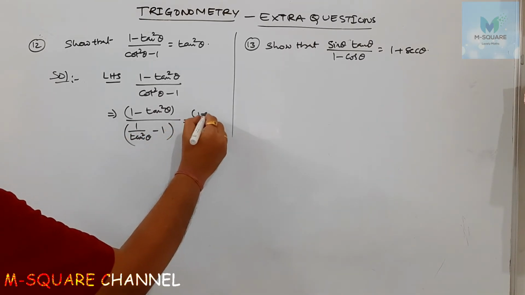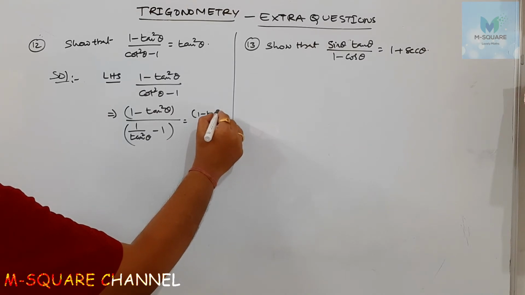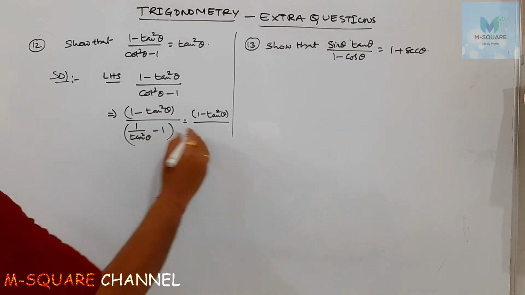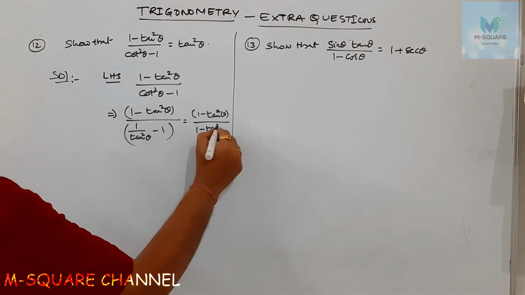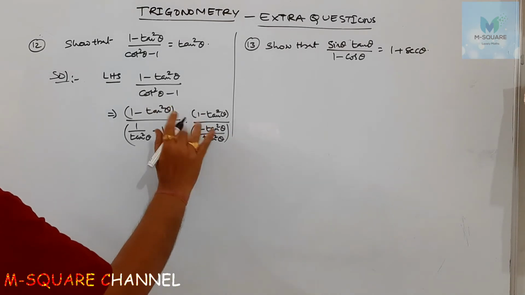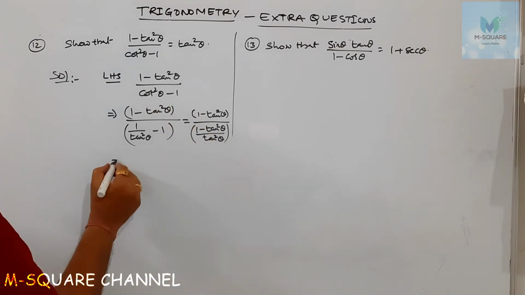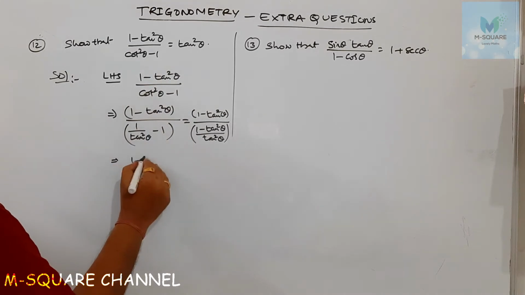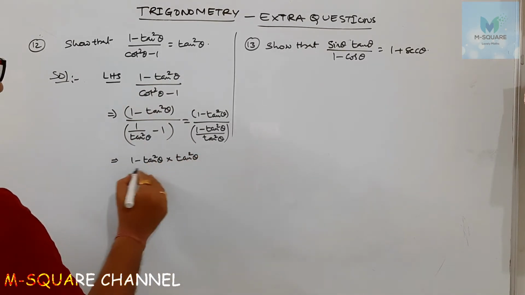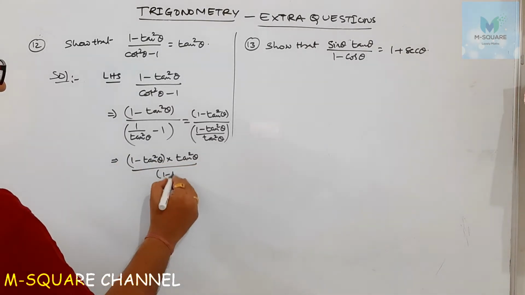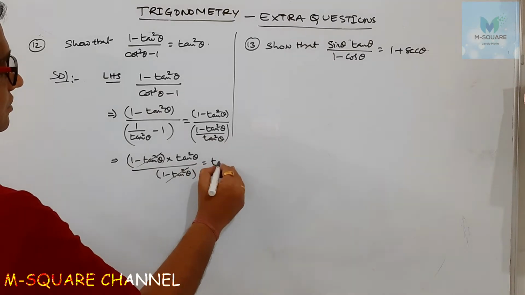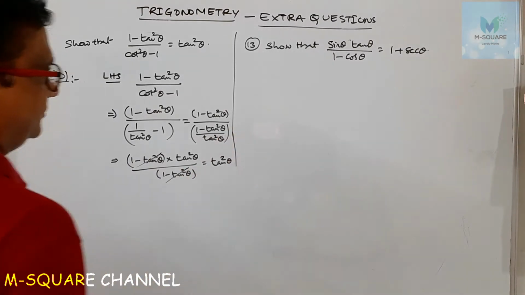So 1 minus tan square theta by tan square theta is the denominator. Now the denominator reciprocal, so 1 minus tan square theta into tan square theta by 1 minus tan square theta. These two are cancelled, we get tan square theta. This is the 12th question.